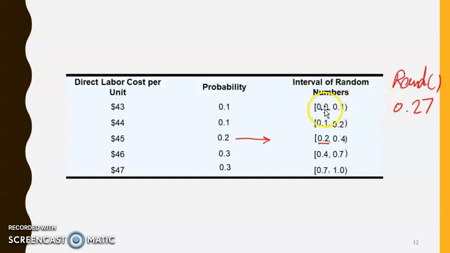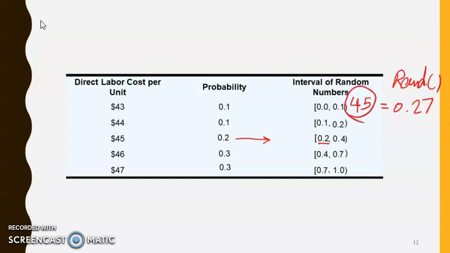Here it doesn't belong because 0.27 is greater than 0.1. Here no, because it is greater than 0.2. Here yes, 0.27 belongs to this range because it is greater than 0.2 and smaller than 0.4. So what would be the generated value? The generated value is 45.